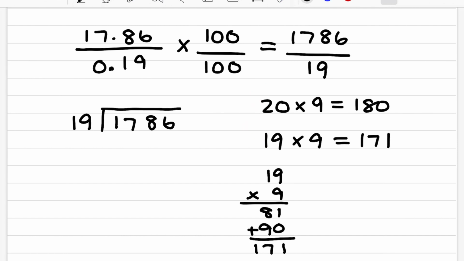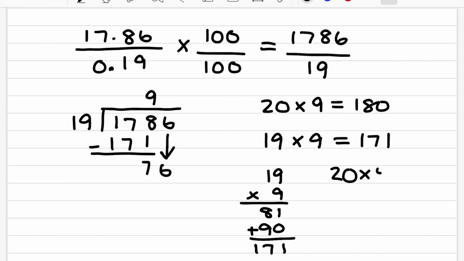Anyways, what we want to do then is multiply by 9 and keep it in this column because that's the place value that we were doing, right? Going over 178 instead of putting it in this place. Okay, so we know that's 171. We can do our subtraction. We're left with 7, and we can bring down the 6. How many times does 19 go into 76? Again, I like to use estimation with 20. 20 would go into 80 four times.